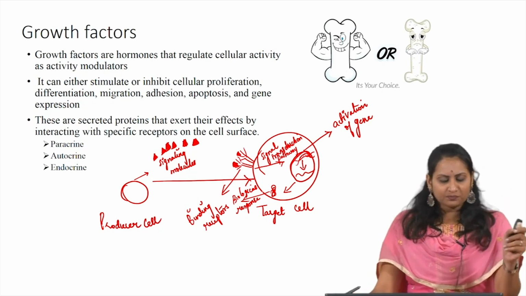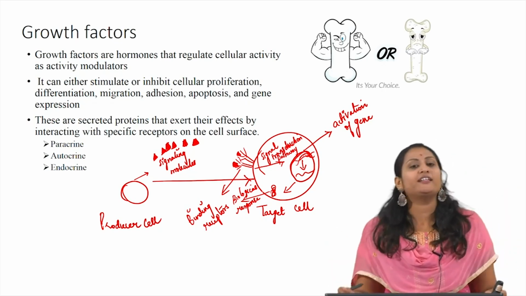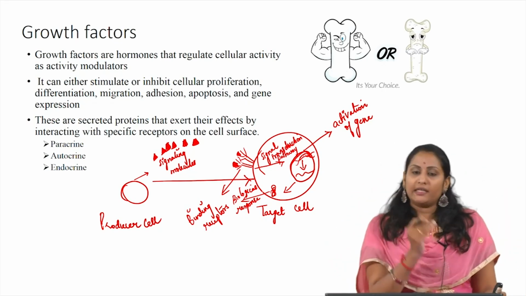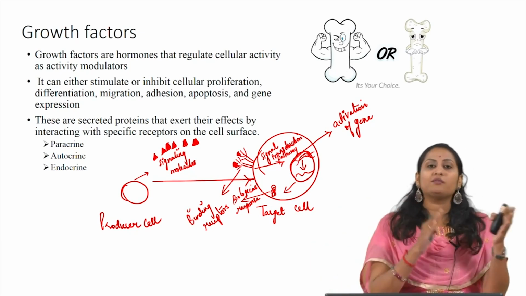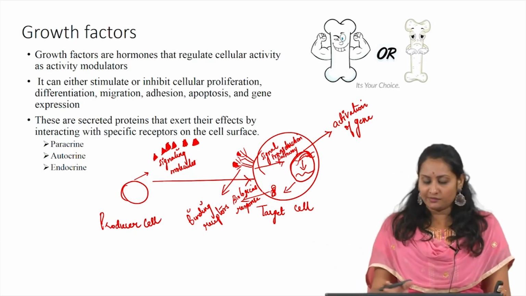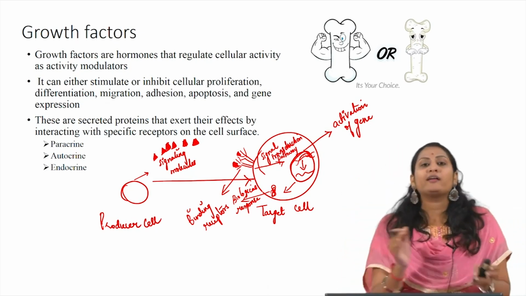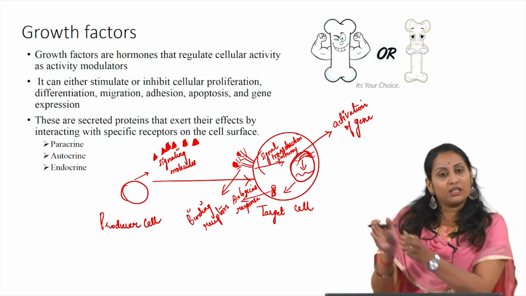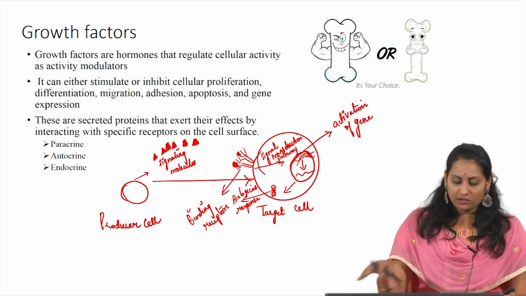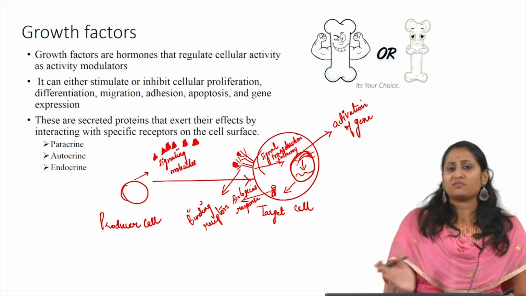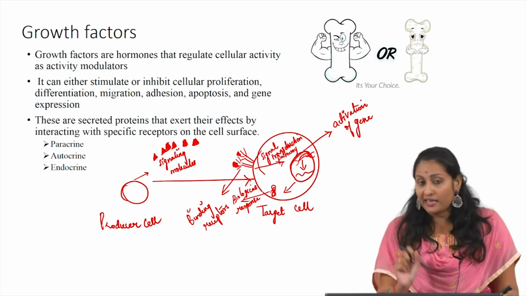In general, growth factors are secreted proteins that exert their effects by interacting with specific receptors on the cell surface, as I said, through paracrine signaling. Paracrine is where they act on the neighboring cells. The signal transfer takes place in the neighboring cells.